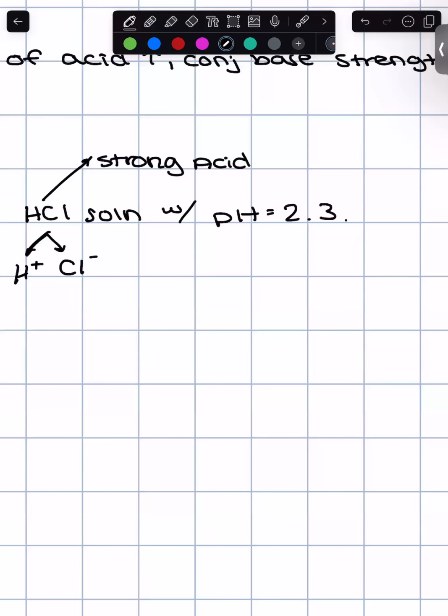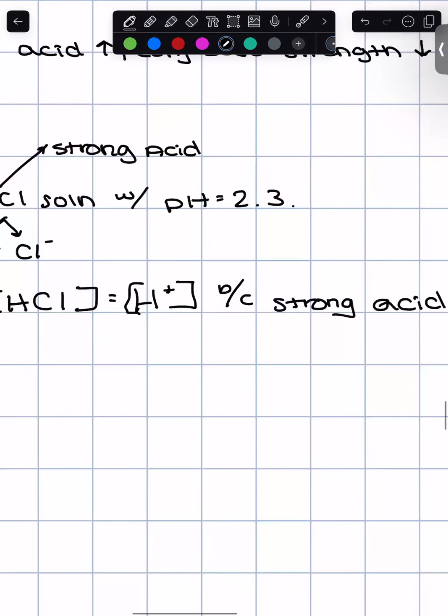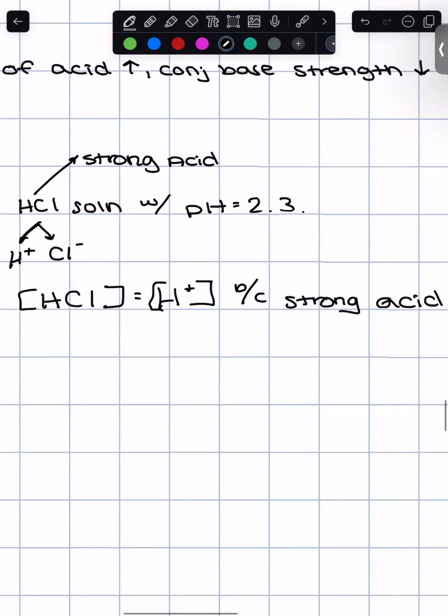That means the entire concentration of HCl becomes H plus. So if they ask what's the concentration of HCl in this solution, just remember that the HCl concentration is equal to the H plus concentration because it's a strong acid. That is not the case with weak acids, but we are not there yet. That is not covered on this exam. We will go over that a week from Friday.